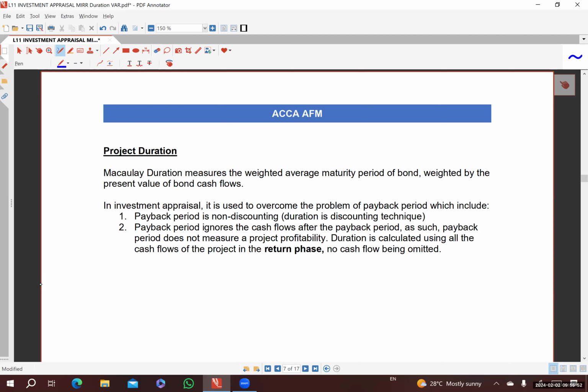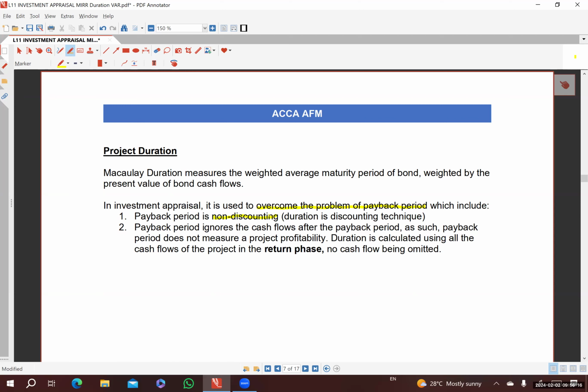Duration, weighted average maturity period of bond, we know that already. So we apply it in investment appraisal. It is used to overcome the problems of payback period. What are the problems of payback? Two common problems that you have learned last time. Payback is non-discounting.